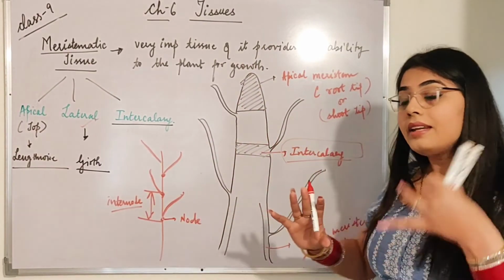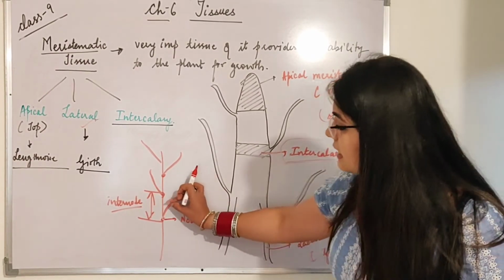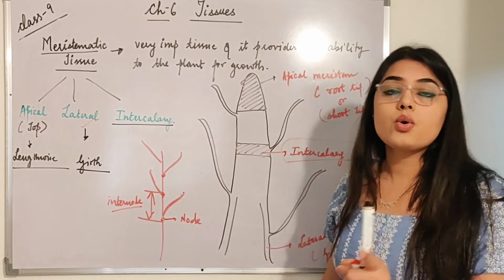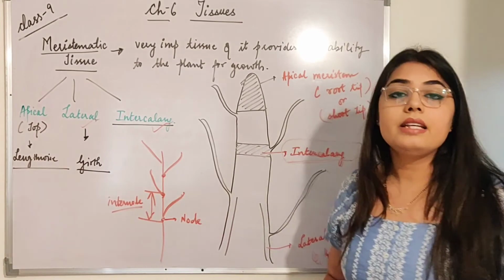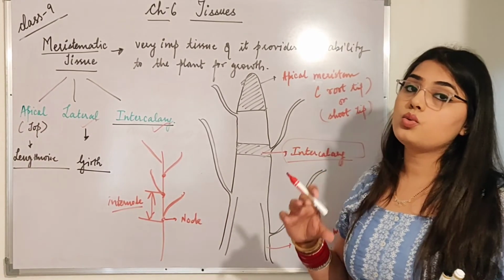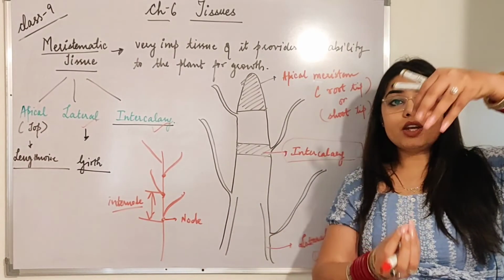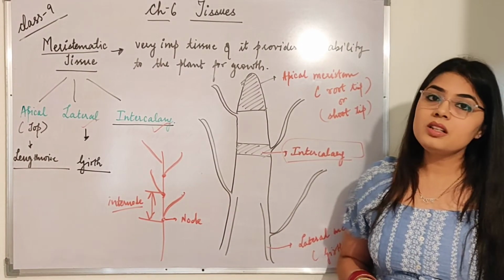So intercalary meristem is present in between this region and it basically increases the internode region. That is the reason it is known as intercalary, because it is present in between the two nodes in the internode region and it helps in increasing the area of the internode region, providing growth to the plants. Very simple. Right?